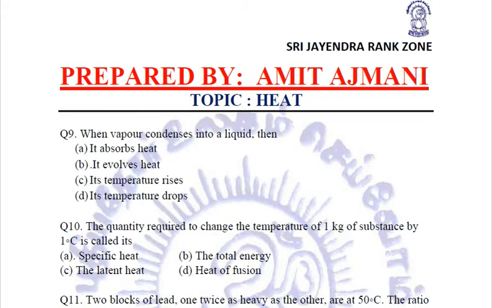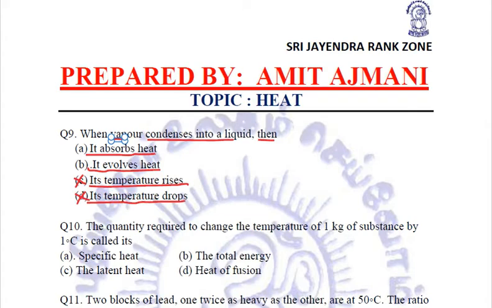When vapor condenses into liquid, then options given are it absorbs heat, or it evolves heat, or its temperature rises, or its temperature drops. Now, when vapors condense into liquid, there is no change in the temperature, right?